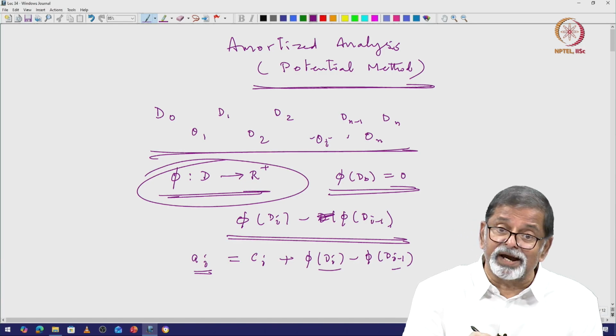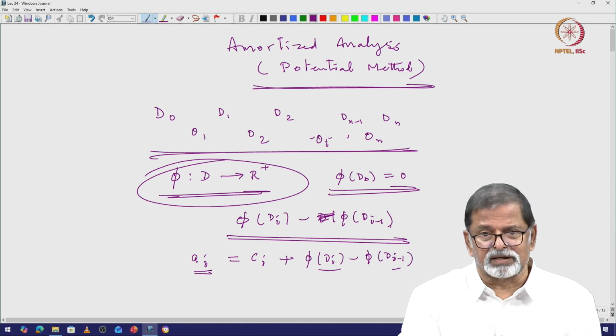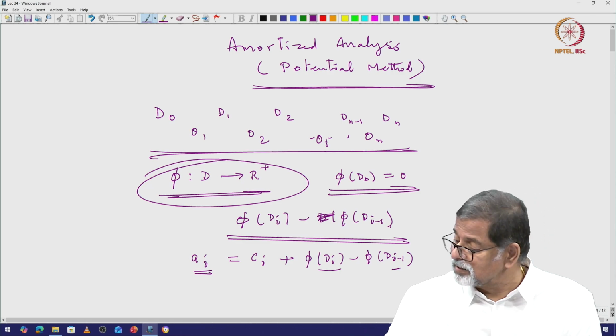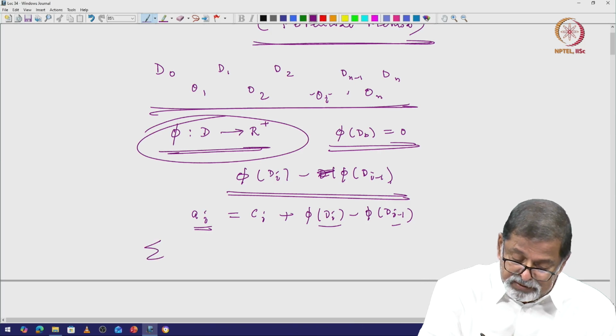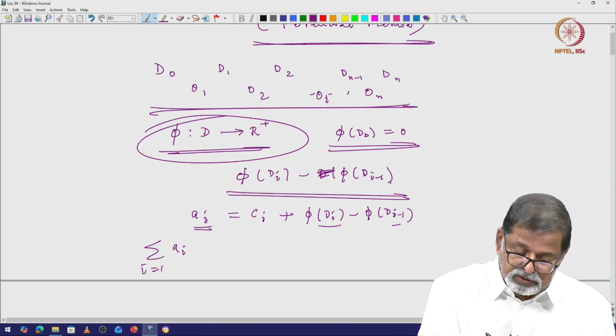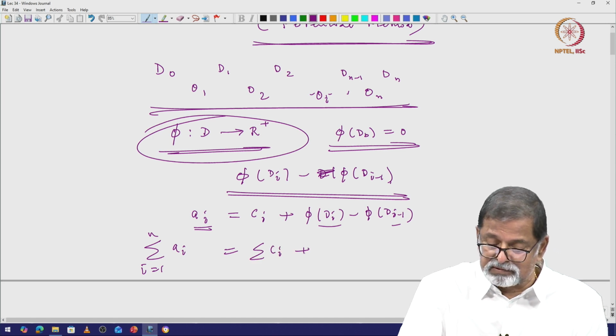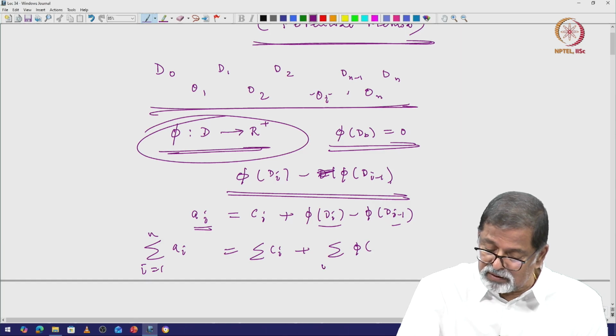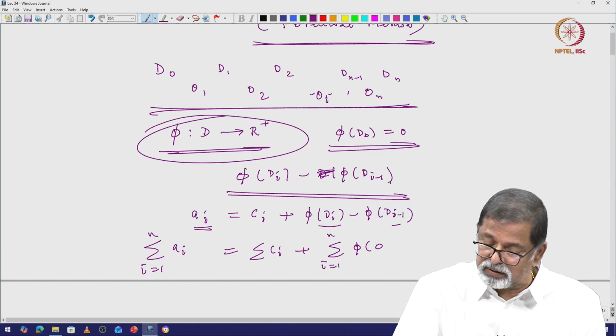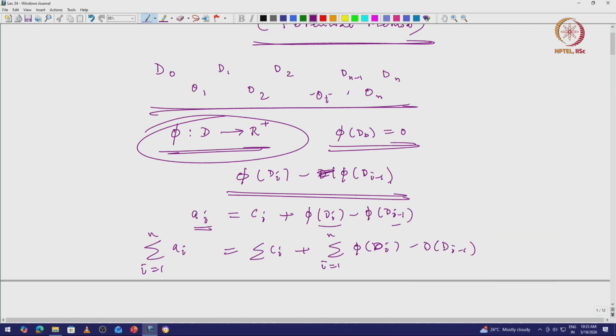So the actual Ai depends on the potential function. But one thing is interesting here. If you consider sigma Ai, i equals 1 to n, that is going to be sigma Ci plus sigma i equal to 1 to n of potential Di minus potential Di minus 1. This is a telescopic sum: Dn minus Dn minus 1, Dn minus 1 minus Dn minus 2 and so on, D1 minus D0.